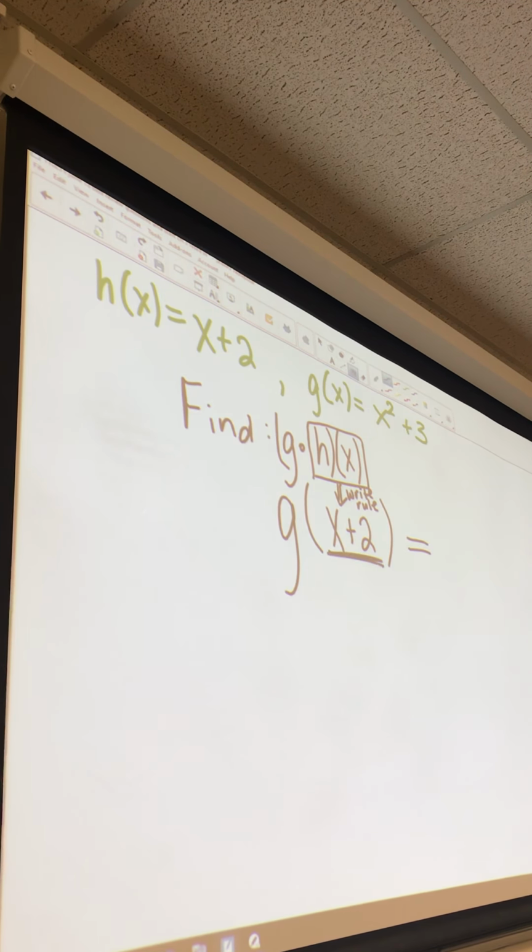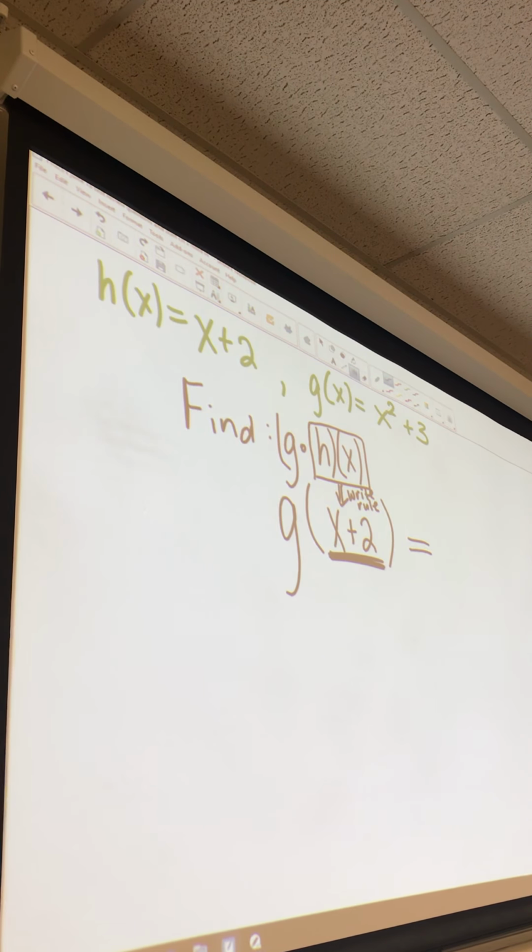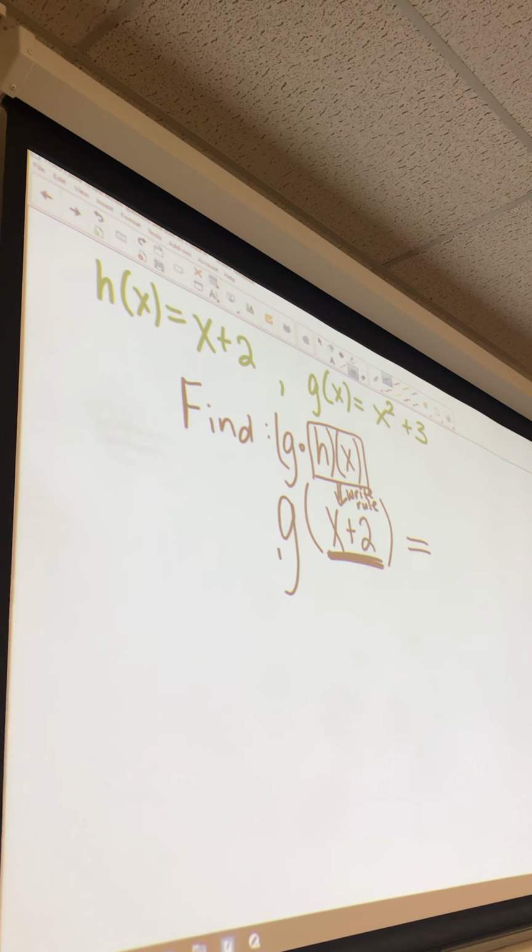Well, that wants us to take whatever I see in here, whether it's a single number or an algebraic expression like that, and put it into g of x, which is x squared plus 3, right? So right there, I'm going to put x plus 2. And the rest of it stays exactly the same. So it's still going to say squared and the plus 3.